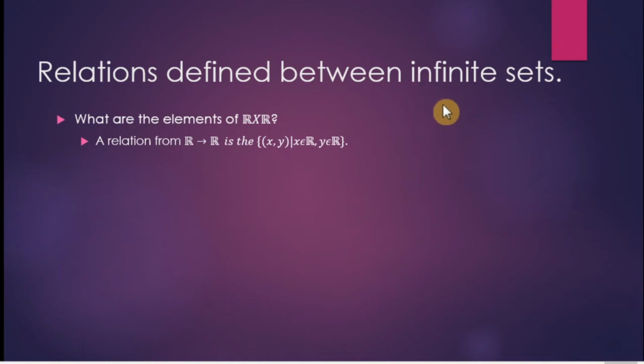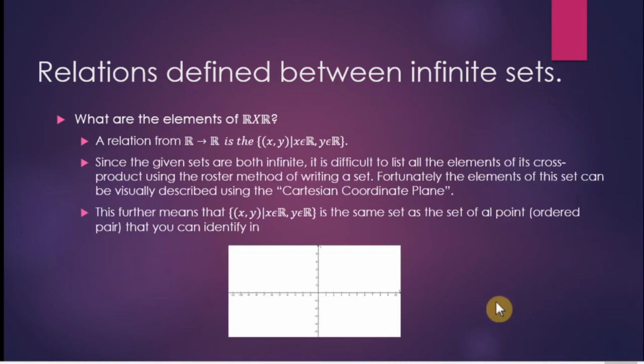This time, since we are working with infinite sets, we're going to write our sets using the set builder method. Also, appropriate for relations defined from infinite sets is to make use of the Cartesian coordinate plane. So we are going to plot all the points in our set.